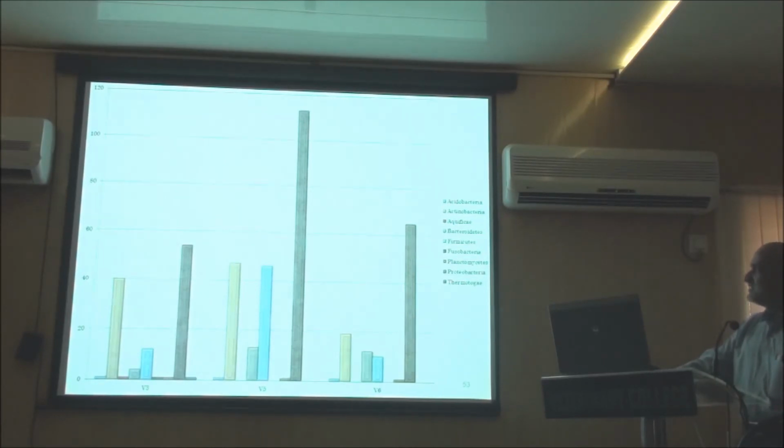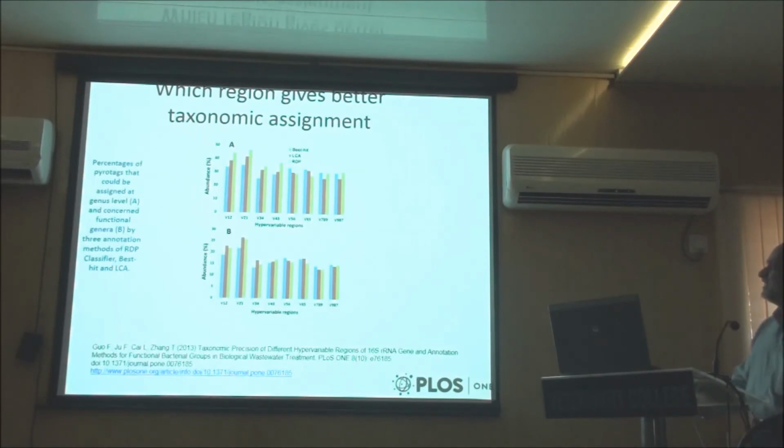There were a few other studies where similar results were obtained, and here there was one study where they had generated pyrotags and assigned pyrotags to the reference databases, and they used three different methodologies. We had used only two, RDP and Greengenes. They had used here best hit, LCA and RDP analysis.